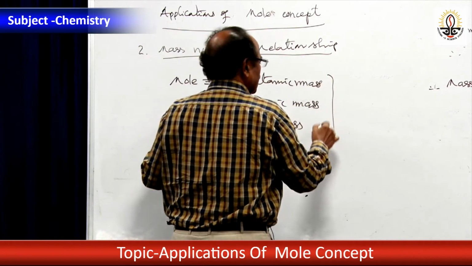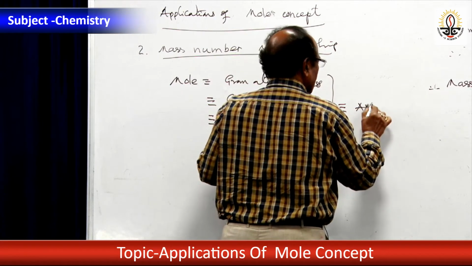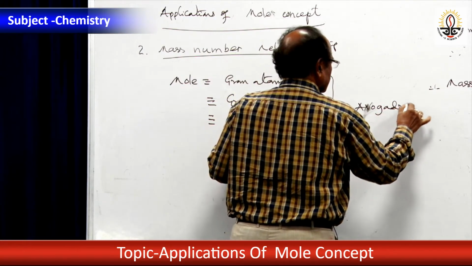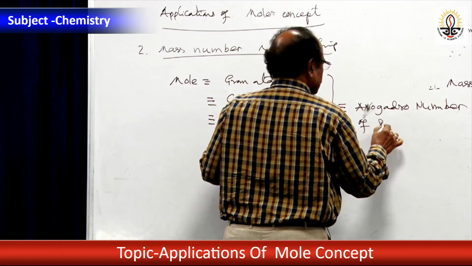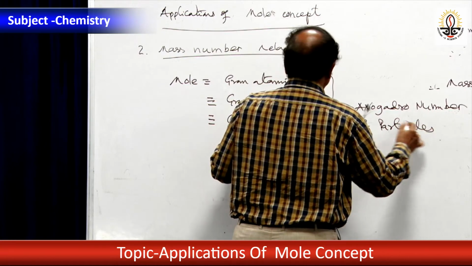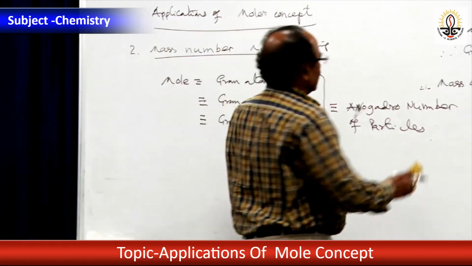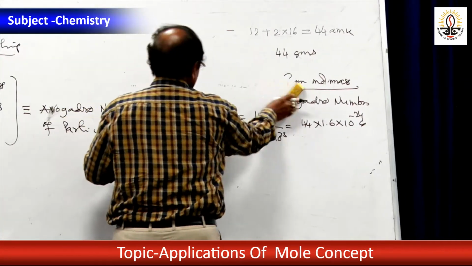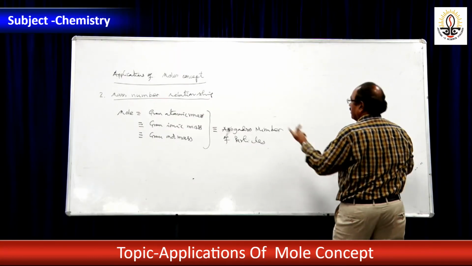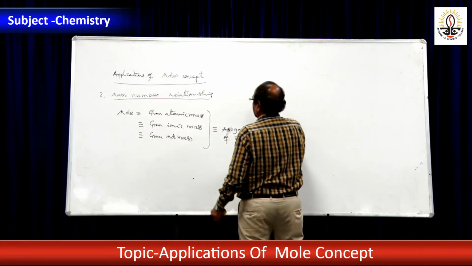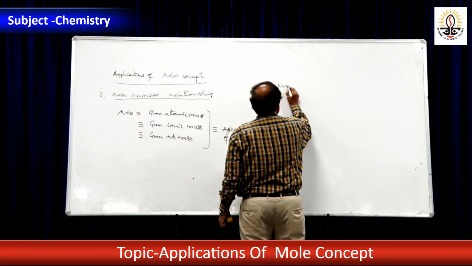So all of these contain Avogadro number of particles, meaning atoms or ions or molecules. So then what will we do? The number of particles present in a mole, we want to calculate how many particles are in a given weight. So we are going to calculate the number of particles.